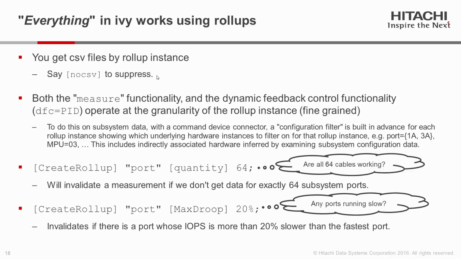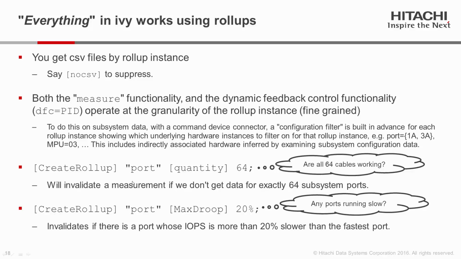If you say measure to plus or minus 5% accuracy, and then you say do that by port, then the measure function will select a measurement period where for each individual port the measurement was accurate to plus or minus 5% over that period. And the dynamic feedback controller would control each set of workloads independently, based on what the measurement data was for that particular port. Okay.